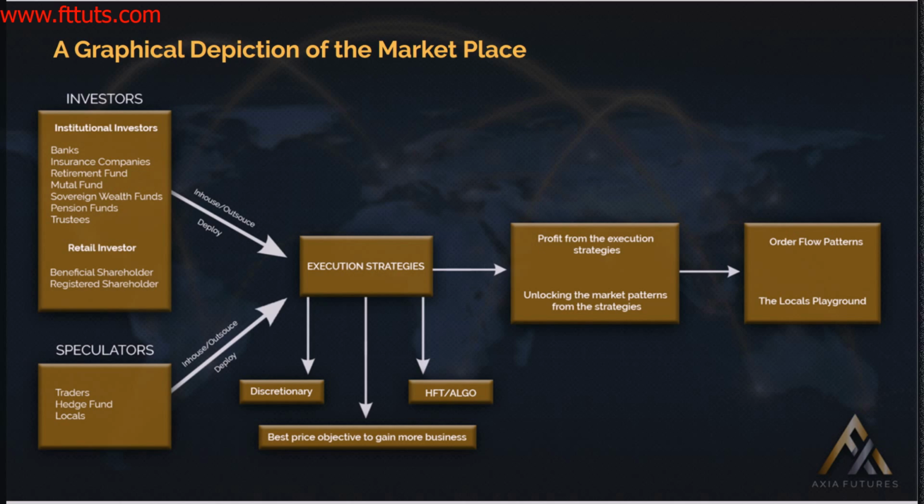Now, from this pool of investors and speculators, especially the investors, they either execute in-house or they outsource their execution strategies in order to shift how they're investing their money. So they either phone up an execution broker and say, I want to buy $100 million or $1 billion worth of European equity markets in the futures space.